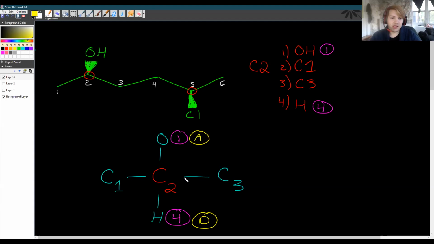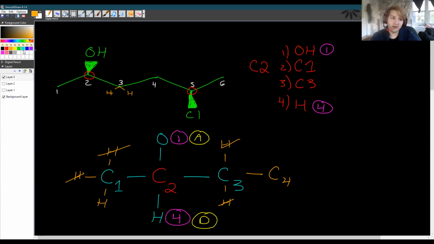So now we are at a pickle here, right? Because carbon 1 equals carbon 3 in terms of atomic numbers. So we have to look at what each one of those is bonded to. And what we can say is that carbon 1 is bonded to 3 hydrogens versus carbon 3 is bonded to 2 hydrogens and carbon 4, right? So hydrogen is the same as hydrogen, but who wins, hydrogen or carbon?